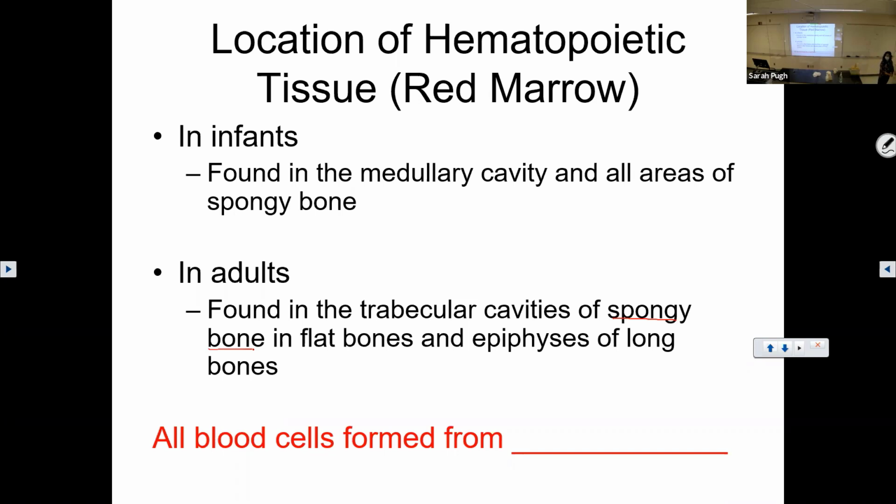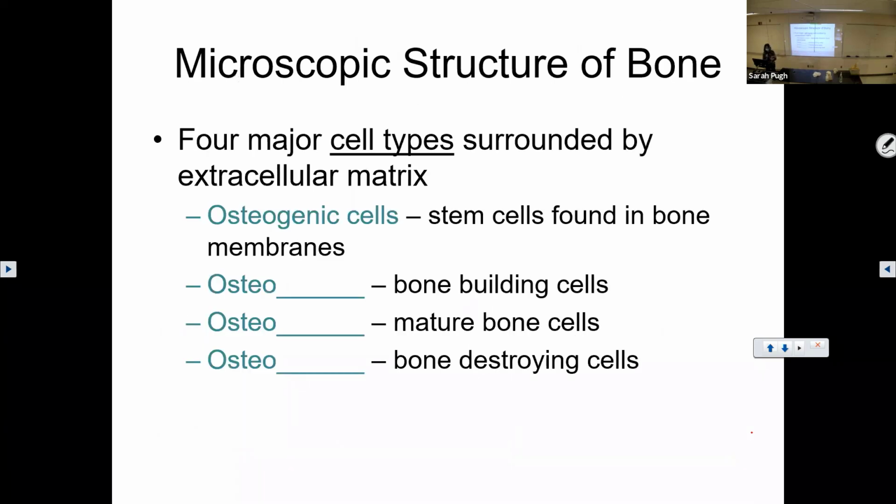So this is where they might withdraw bone marrow if they have to do that. Remember, all of your blood cells are formed in red bone marrow, not yellow bone marrow, but red bone marrow. Okay. In an adult, we don't need as much red bone marrow because we are not growing as much. We are just maintaining our blood cell concentration.